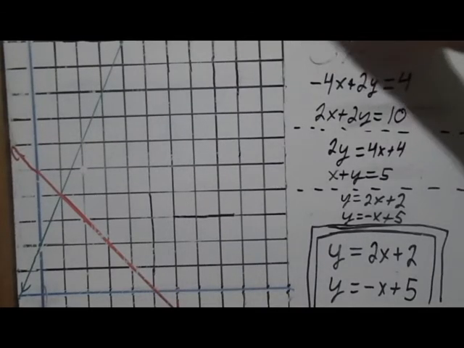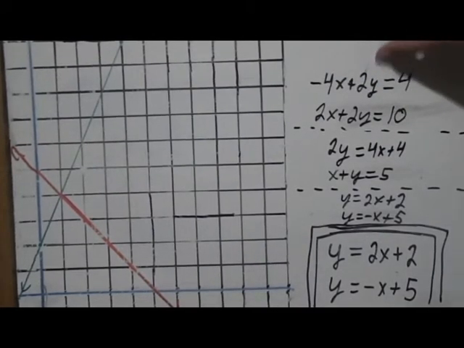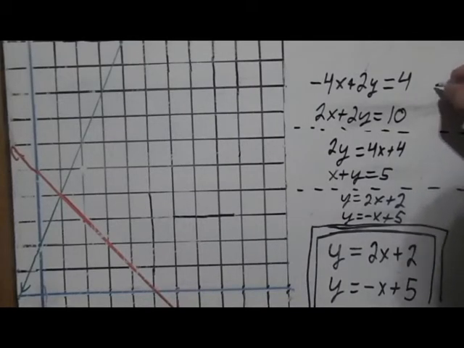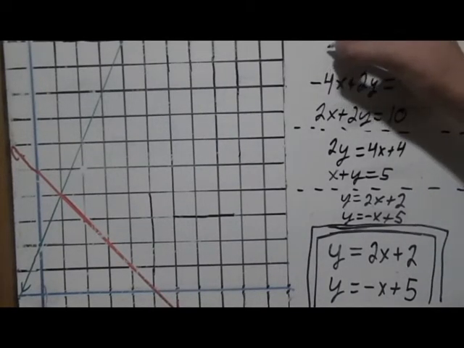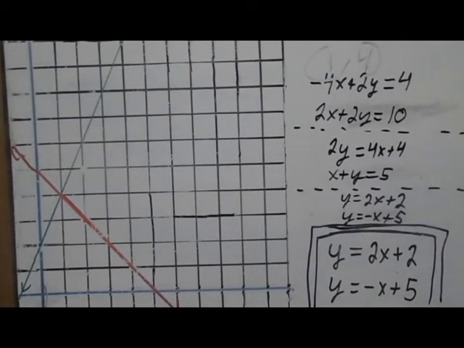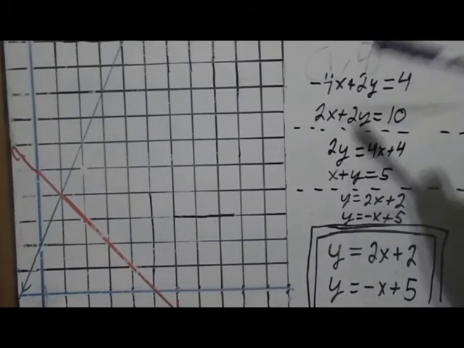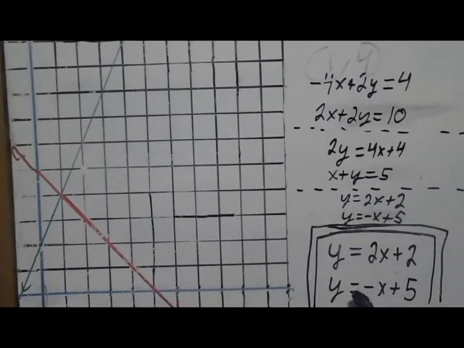Let me rewrite that so that looks better: 1, 4. So, all we had to do was take our equations, simplify them to y equals x plus whatever, and then graph them on our grid.